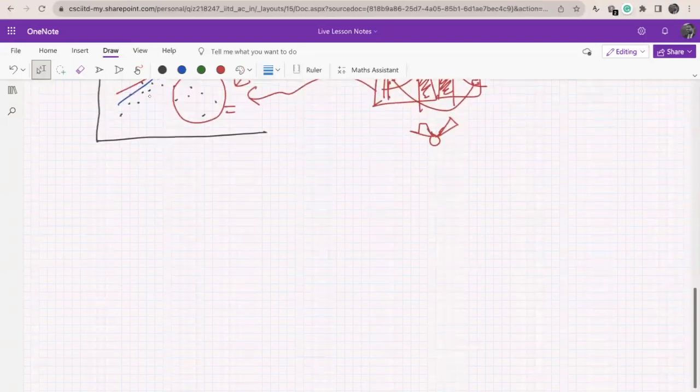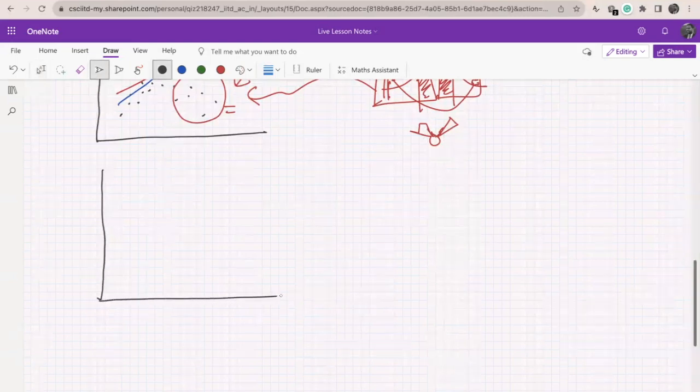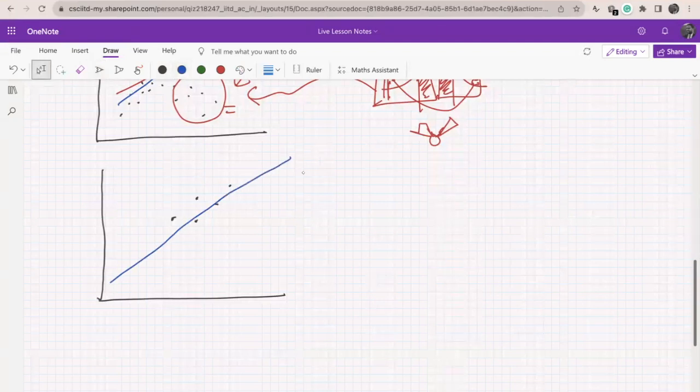If you draw a line like this, the distance to this point would be the score.